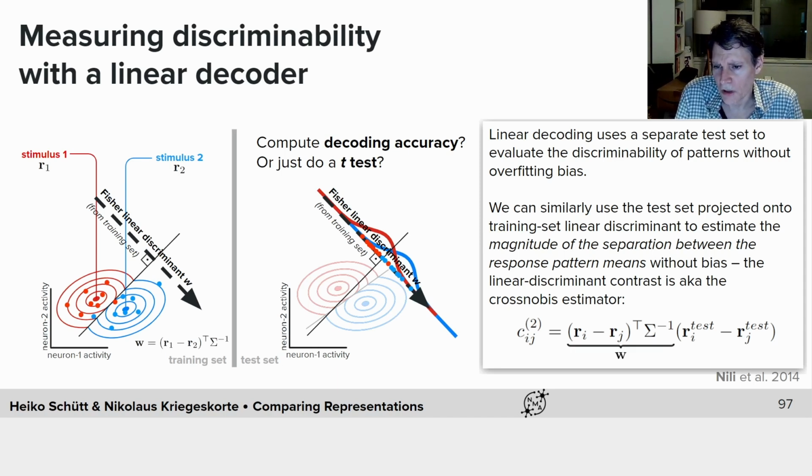And when you look at the formula, you'll see that the first two elements here are the W, the weight vector of the Fisher linear discriminant. So we can think of this as the cross-validated Mahalanobis distance, or we can think of it as the contrast in the test data after projection onto the Fisher linear discriminant.